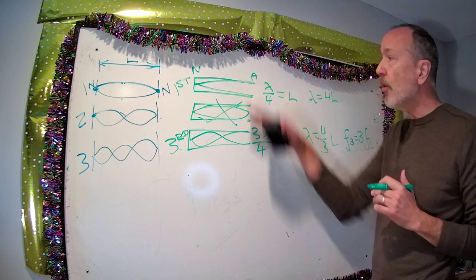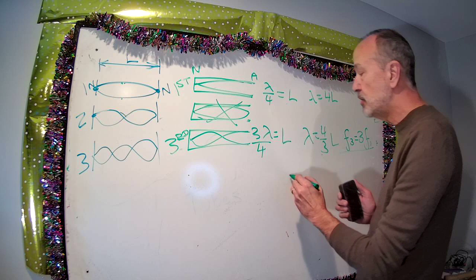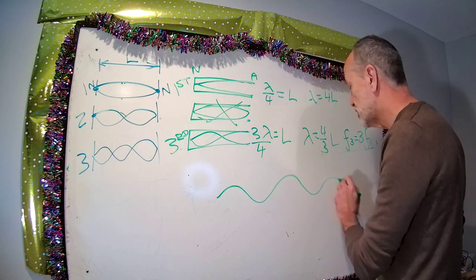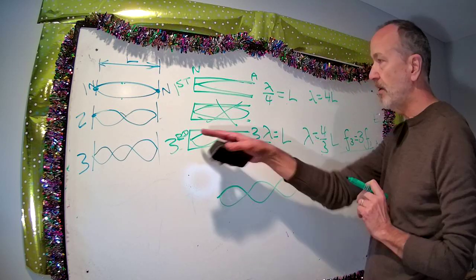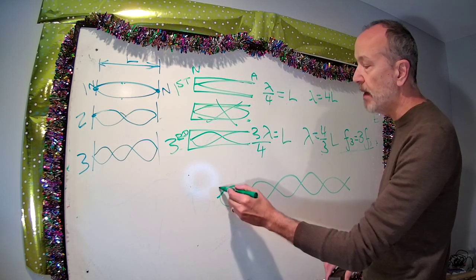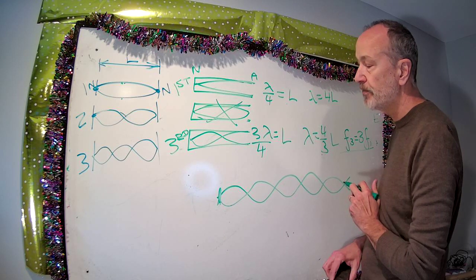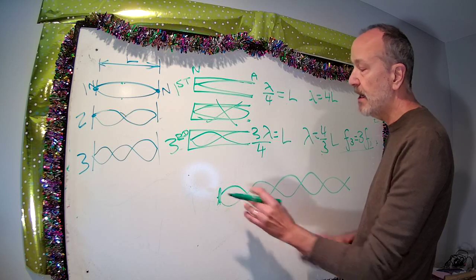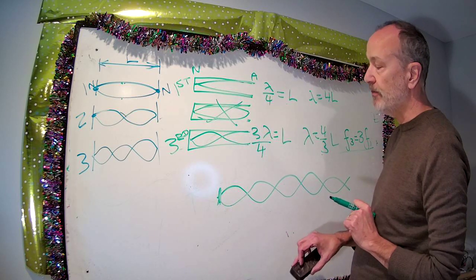So how do you solve problems with this? First thing is to draw it. If you know what harmonic it is, draw. And again, these are multiples of quarter wavelengths if you have a closed end, right? So if I wanted the first harmonic, I would start here and go to the first antinode. I'd go 1/4 wavelength, and if I erased it there, that's what my standing wave looks like.